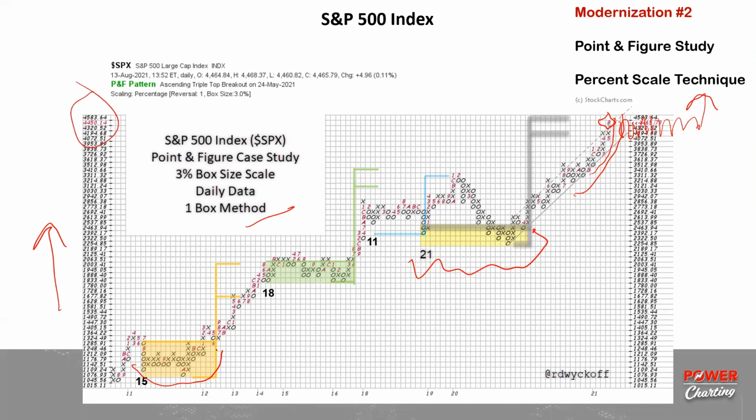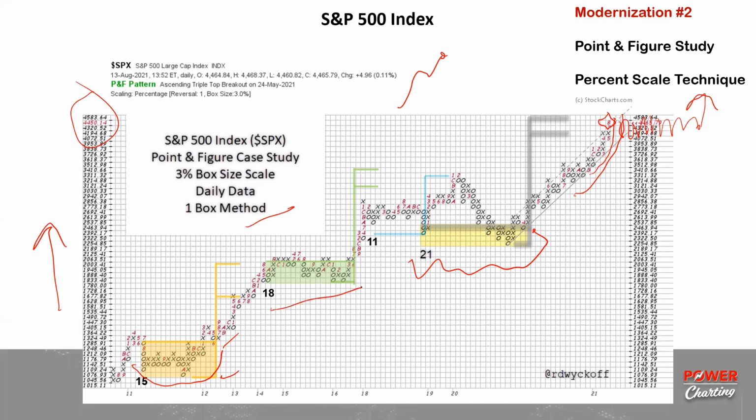And so here you can count across 15 columns and count up 15 columns from the low and the count line and get a count. But if it goes over the top of the range area, you need to be able to calculate the percent scaling because it is a compounding event.